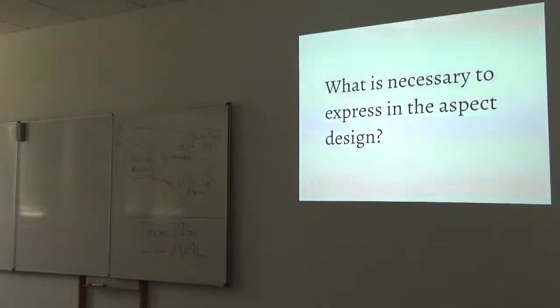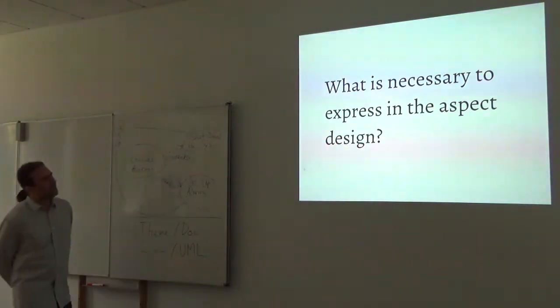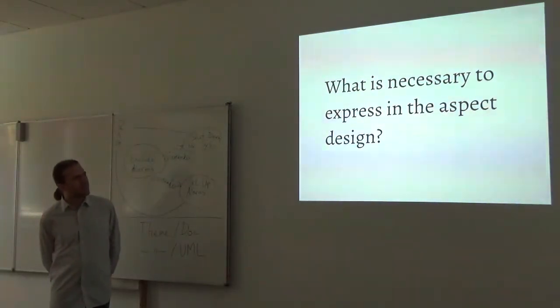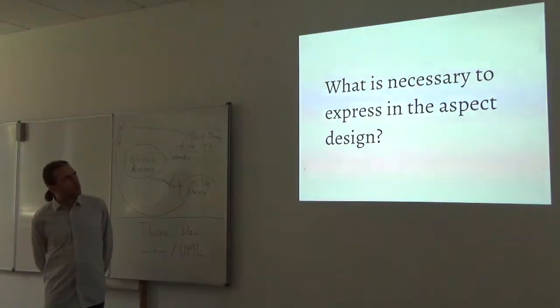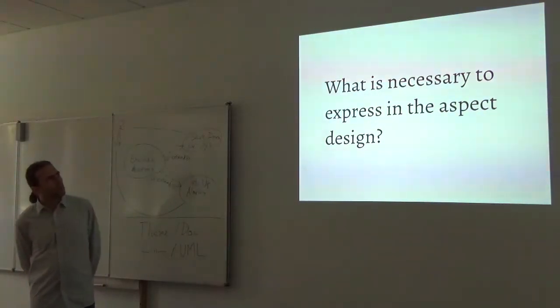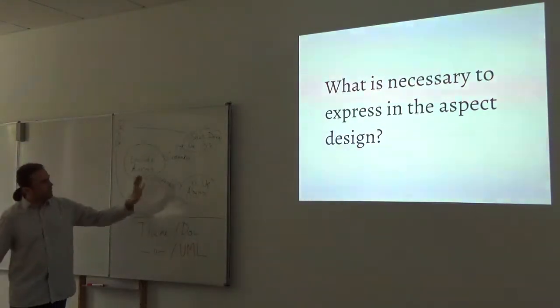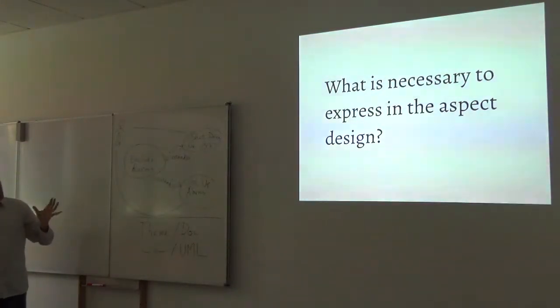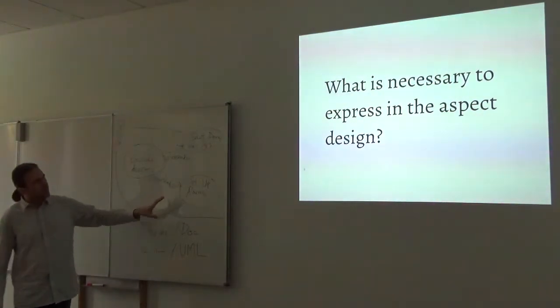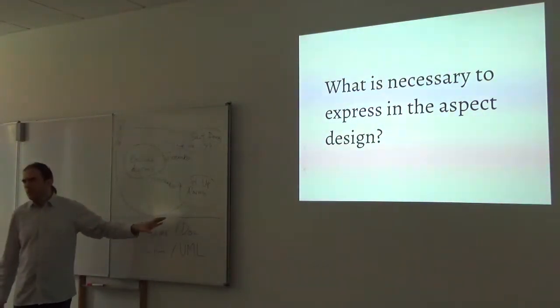So the question that maybe you should not ignore before we take a look at an example: what do we actually need to express in the aspect design? Now we can see that there are some structure elements. We might guess that some classes are behind this.